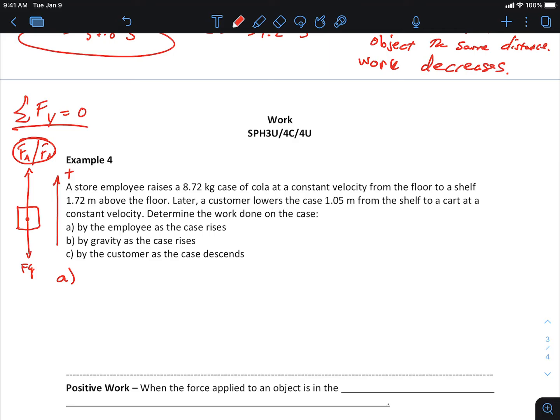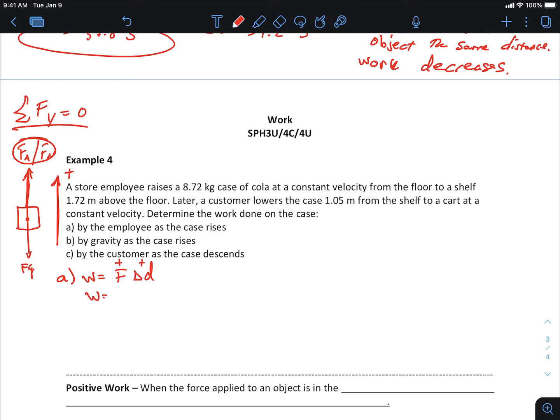Because this force is acting in the same direction as the displacement, we can expect the amount of work to be positive. Work equals the force times the displacement. Both of these are going to be positive, and so our work should come out to be positive.